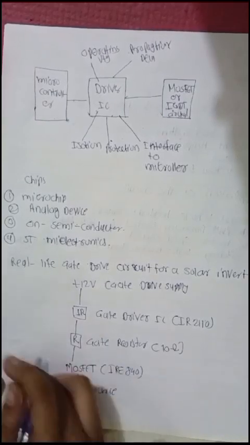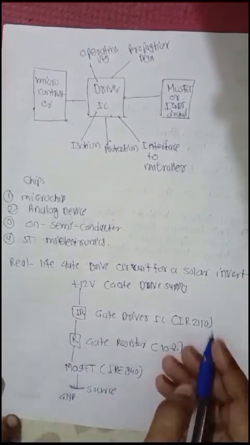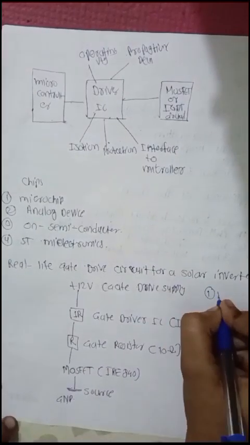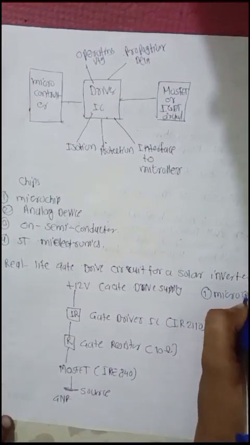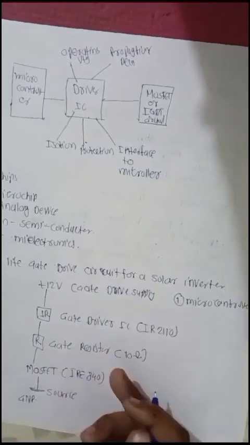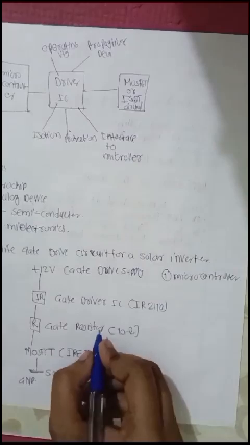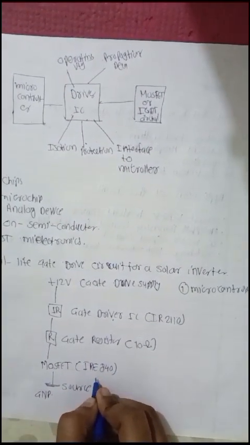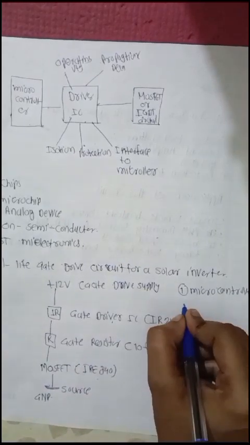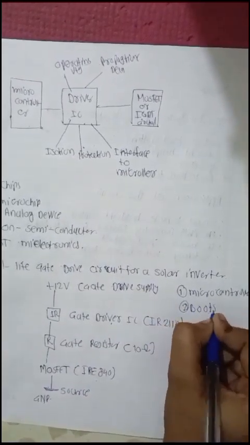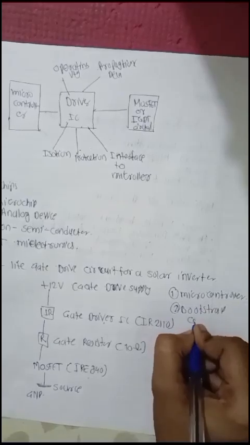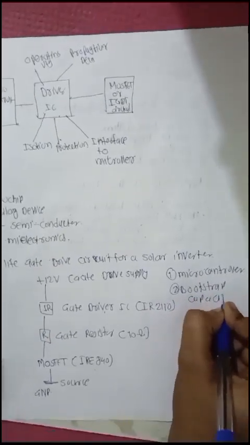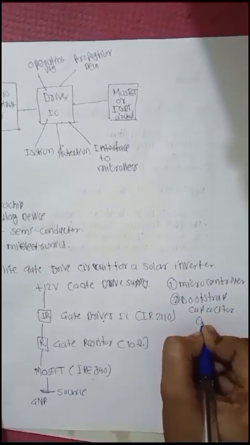In the flow diagram, the components used are first the microcontroller, then the gate driver, then the MOSFET. Another is the bootstrap capacitor, with a range of 10 microfarad.